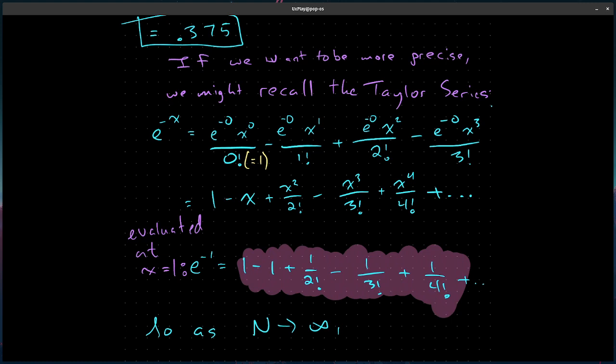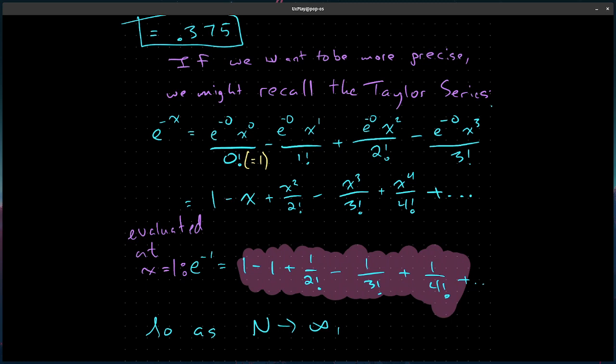that we can compute e to the negative x is the evaluation of f of x evaluated at some point, plus the evaluation of f's first derivative evaluated at some point over 1 factorial, then 2 factorial, and we can continue that, which is the Taylor series.